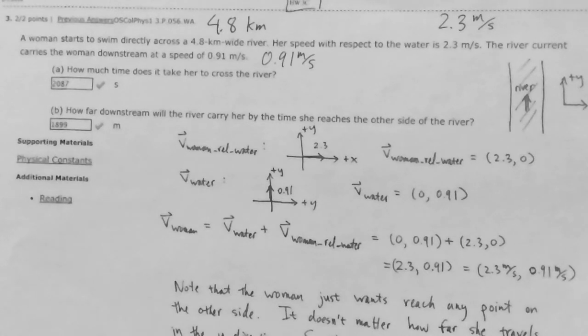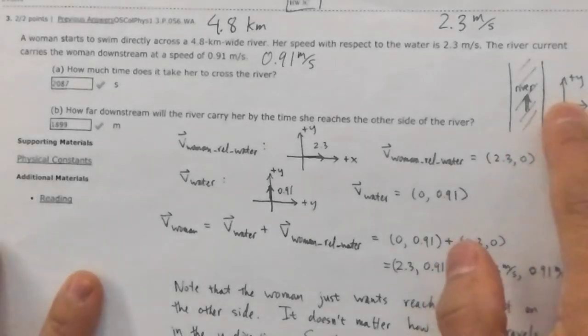Since it's not a clear question, I'm going to start telling you the solution. Now, the thing you're supposed to notice here is that this woman just wants to get across the river. She doesn't really care where she ends up on the other side. The way I've drawn it here, crossing the river is in the x direction.